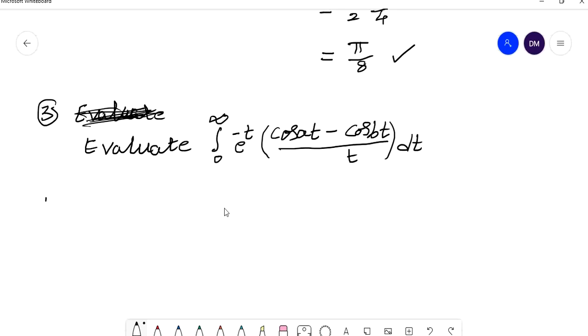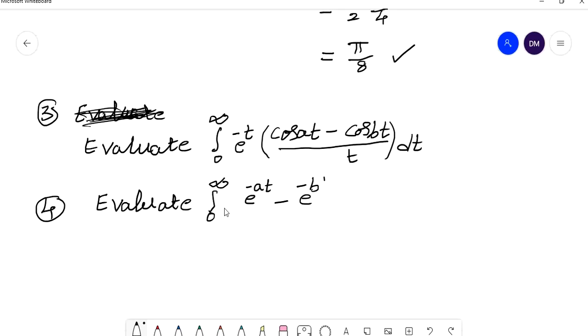Fourth problem: evaluate integral 0 to infinity e power minus at minus e power minus bt by t into dt, right?